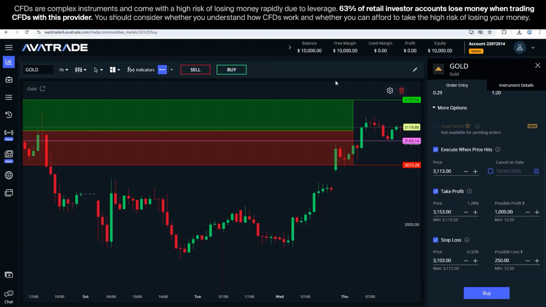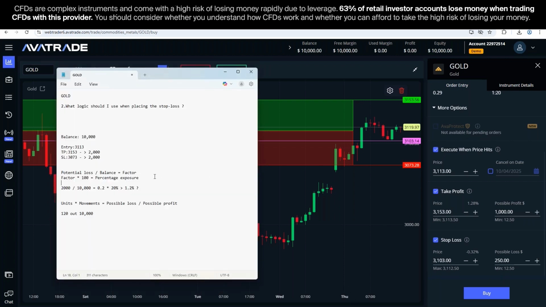This will be 2.5% from my balance, and you can see that the possible profit here is 1,000. So if we compare the new numbers for the profit and the loss, we are now looking at a ratio of 1 to 4.